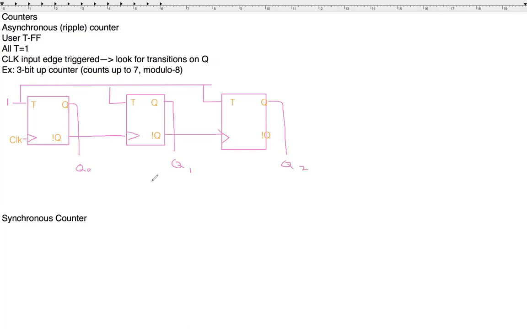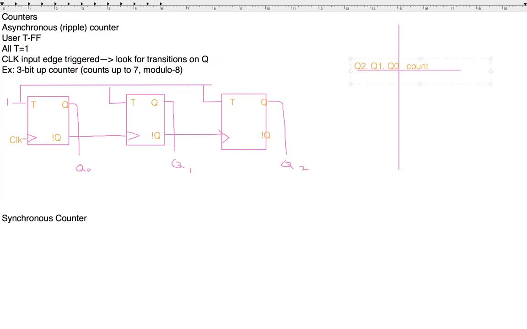For this, here's what it's going to look like in our truth table: Q2, Q1, Q0, and then our count.